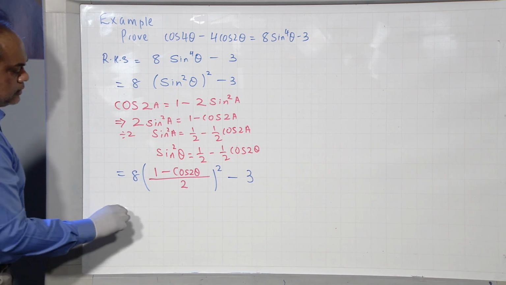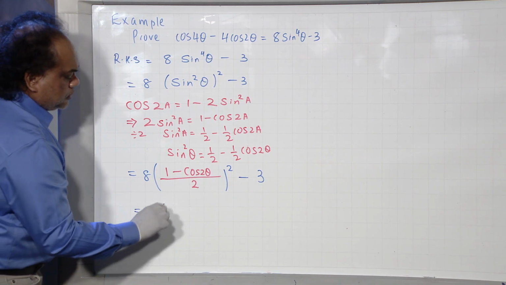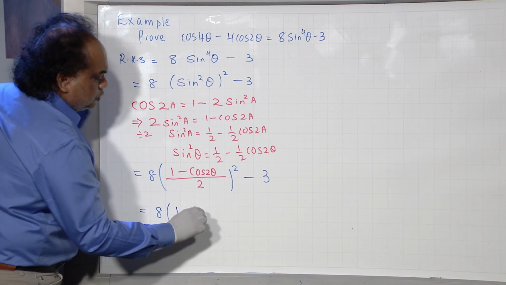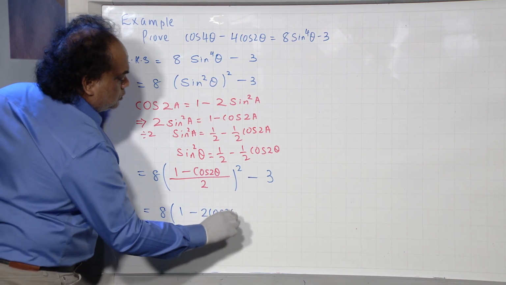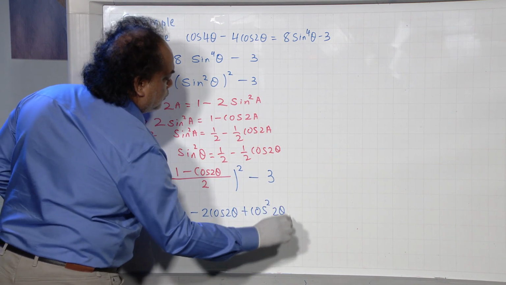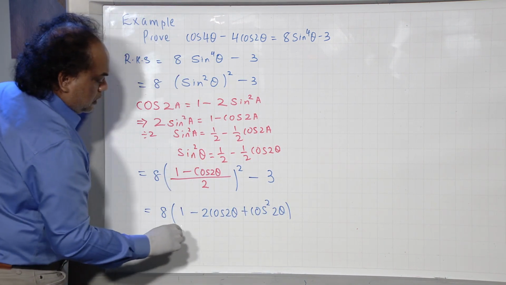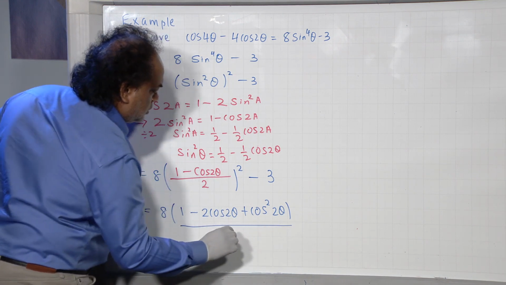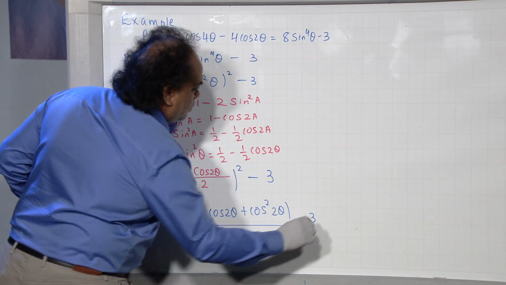If we simplify that, this becomes 8 times (1 minus 2 cos 2 theta plus cos squared 2 theta) divided by 4, minus 3.